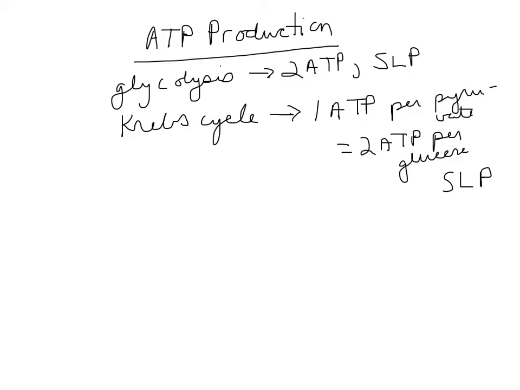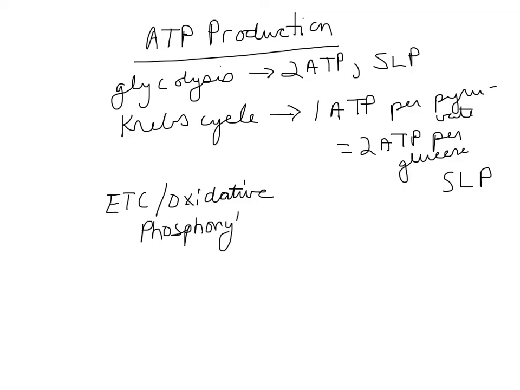But over here at the electron transport chain and oxidative phosphorylation stage, this is where the rubber really meets the road. And here we get greater than 20 ATP per glucose. Okay?